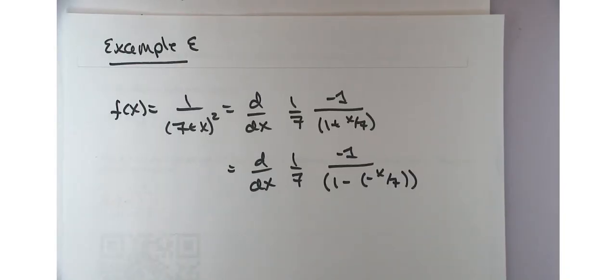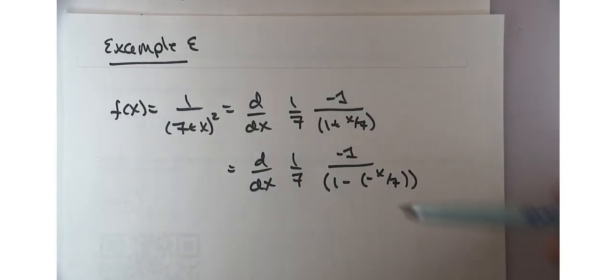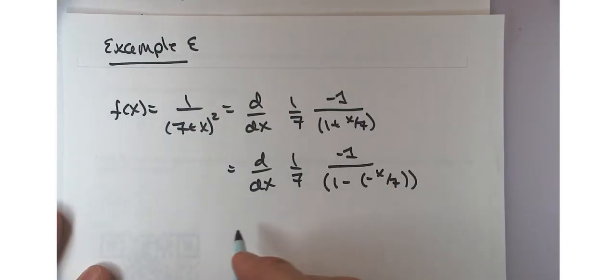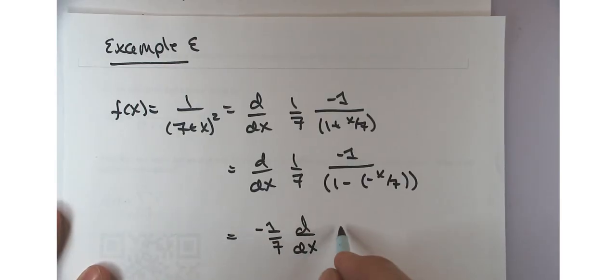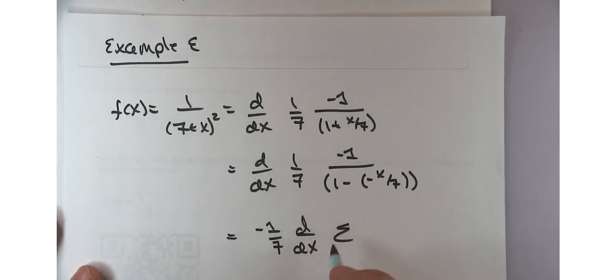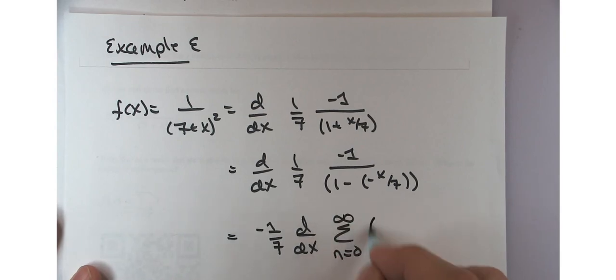Now we can fit that into our pattern for the series. I'm going to factor out the negative and the 1/7 all the way out in front. So it's going to be -1 over 7 times the derivative of the series for this term. Now the series for that term, we're going to start out with n equals 0 to infinity, is going to be -x over 7 to the n.